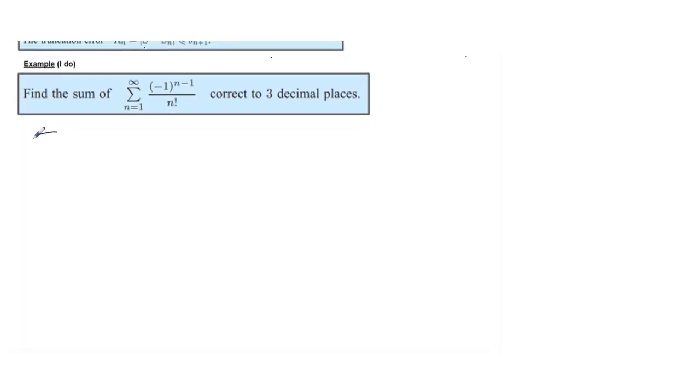If we think about this, we have the sum from n equals 1 to infinity of, if I just pull the minus 1 to the n minus 1 bit out, that's being multiplied by our Bn, which is going to be 1 over n factorial. So we need to show two things about this.